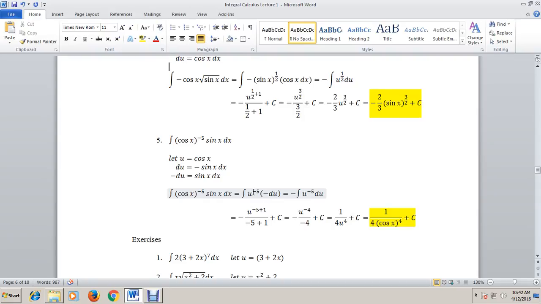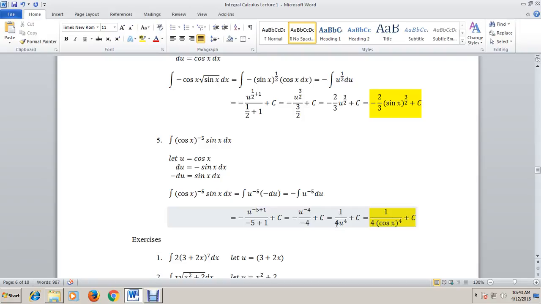Writing negative 1 outside of the integral, the expression now becomes negative integral of u raised to negative 5 du. Now, doing the power formula, you have negative of u raised to negative 5 plus 1 over negative 5 plus 1, plus c. Of course, negative 5 plus 1 becomes negative 4, over negative 4.